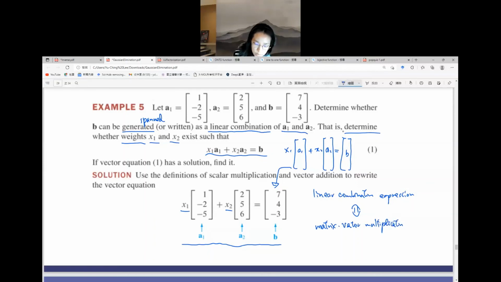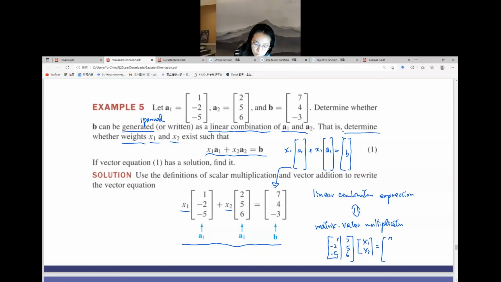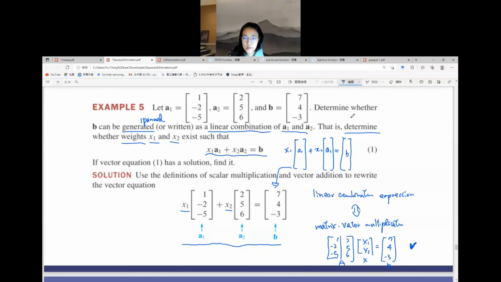By collecting a1 and a2 together: 1, -2, -5, and 2, 5, 6 times x1 and x2, equals 7, 4, -3. Suppose this is the A matrix, this is the x vector, this is b. Then this question is equivalent to asking if this system has a solution or not. If we can find a solution x, then the answer to this example is also yes.